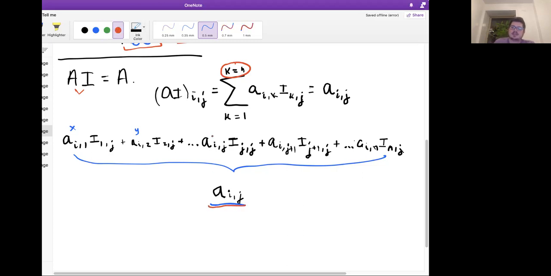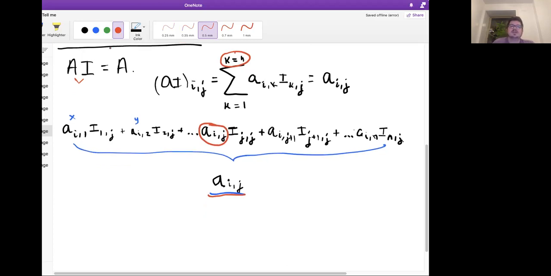Yeah, that's here. Now, what would be really nice is if this entry was 1? If this entry was just 1, like the number 1, that'd be nice, right? Because then we would have a 1 Aij here.